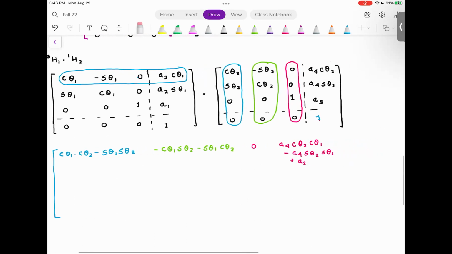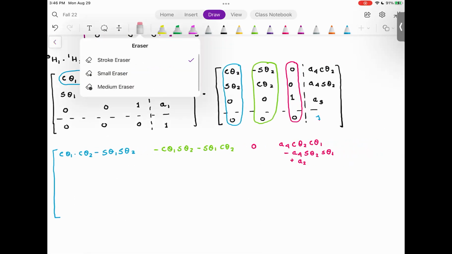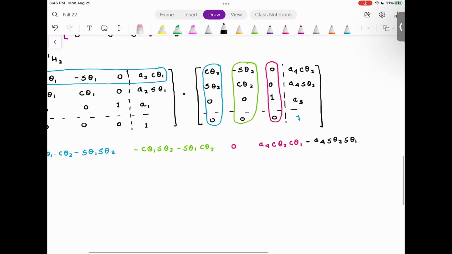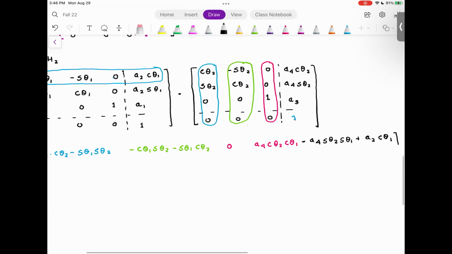Actually, I should write this properly because otherwise I won't have enough space. So A4 cosine theta 2 cosine theta 1 minus A4 sine theta 2 sine theta 1 plus A2 cosine theta 1. Do you agree with me?